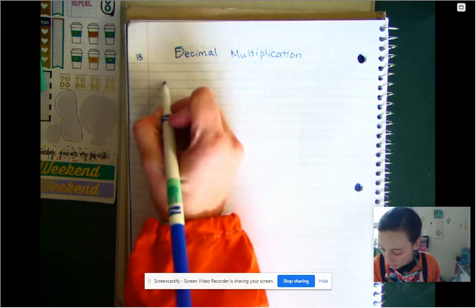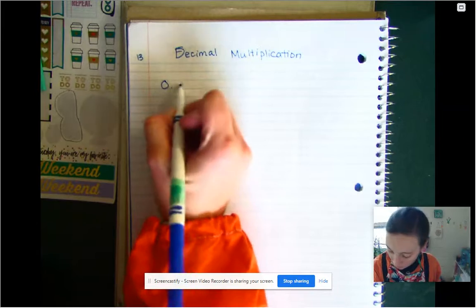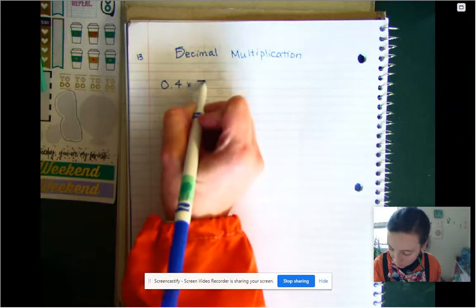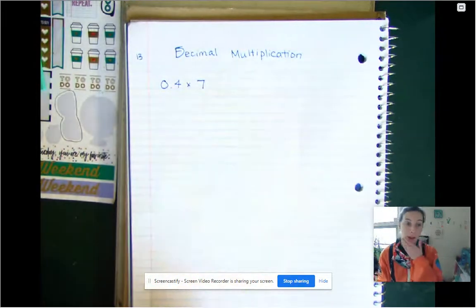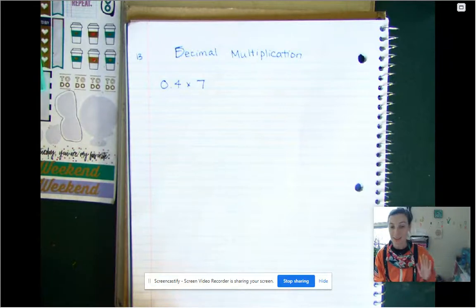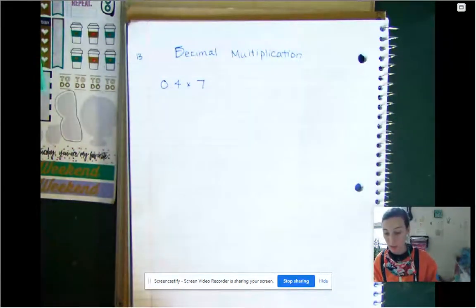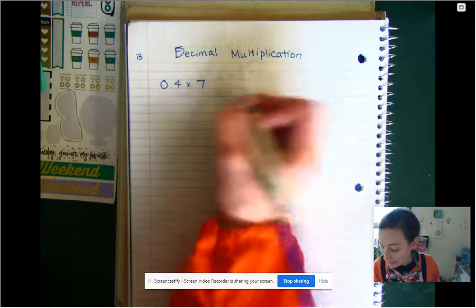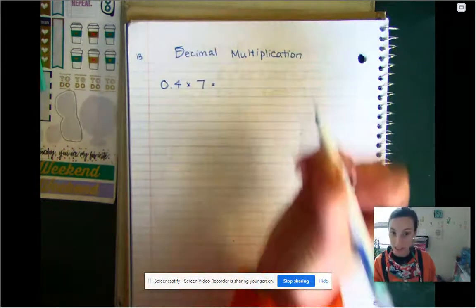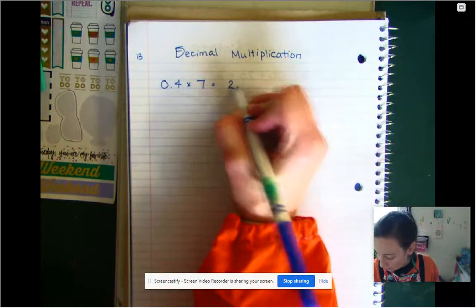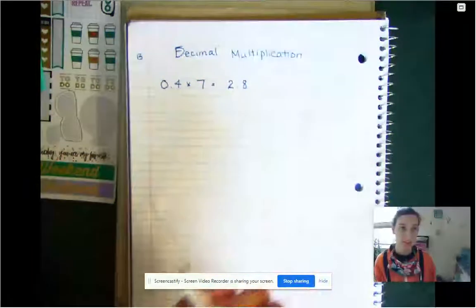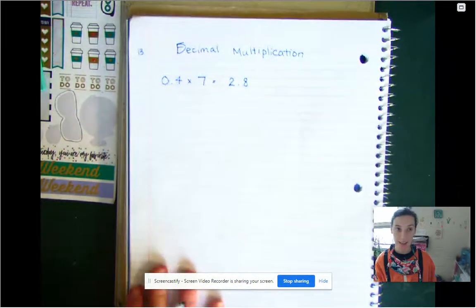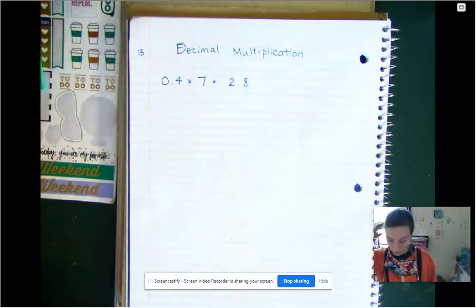So let's start with like 0.4 times 7. Now, if I have 4/10 7 times, that's going to end up being 28/10. If I have 28/10, that's enough to make 2 wholes and have 8/10 stay not as a whole.